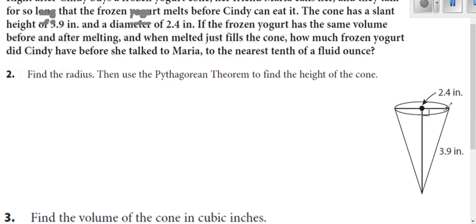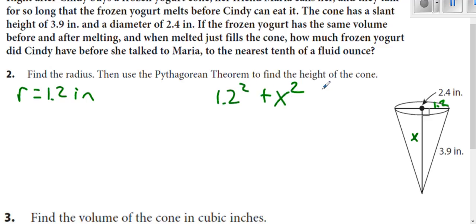So we know the slant height again. They give us the diameter is 2.4, so that means the radius is 1.2. Just cut it in half. And we need to find the height, just like we did in the last example. So the radius is 1.2. To find that height, we need Pythagorean theorem, so we're going to do 1.2 squared plus x squared equals 3.9 squared.